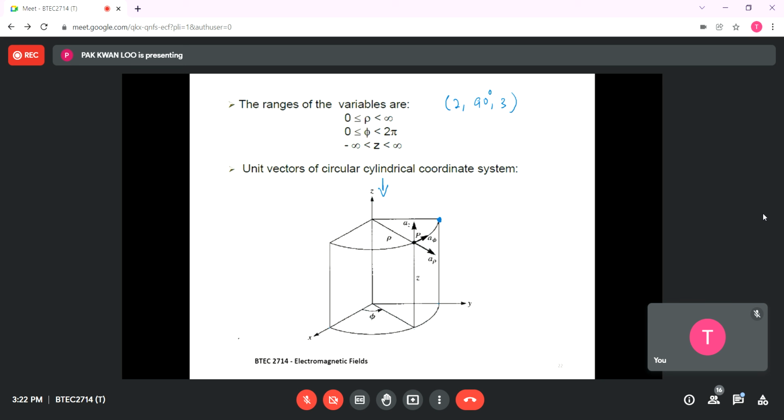It is because even though this is a curve, we are looking at a point. Imagine that we are trying to move this point here. Maybe I use a different color. If this is the point that we are looking at and it is moving, this is the direction here. It is perpendicular to the curve, right?